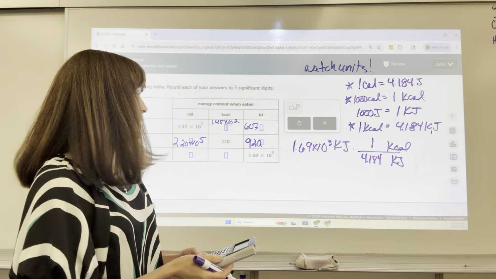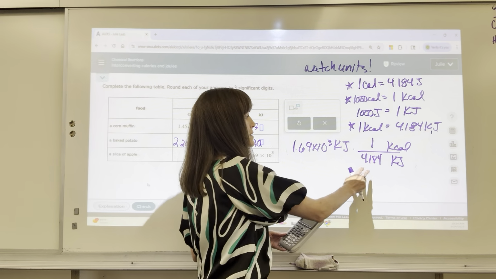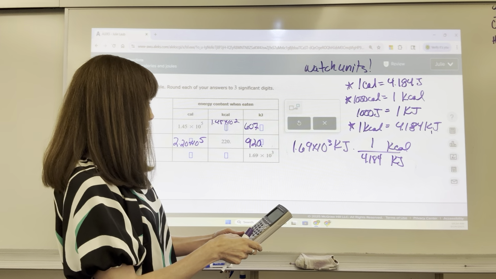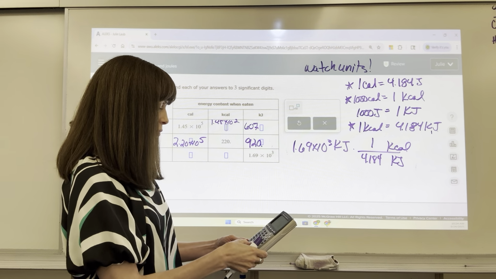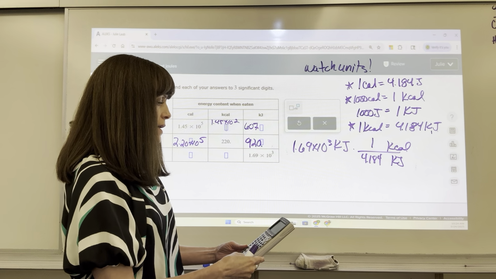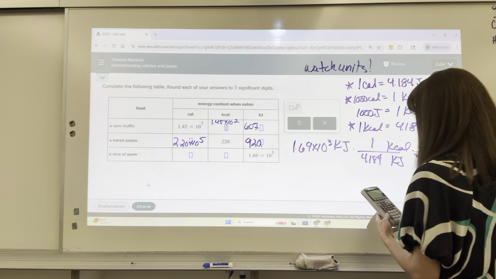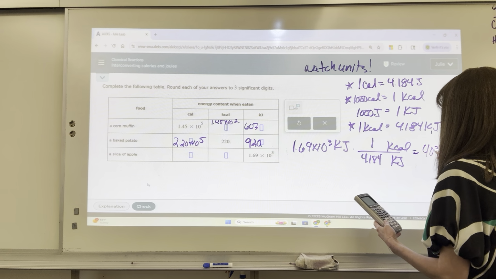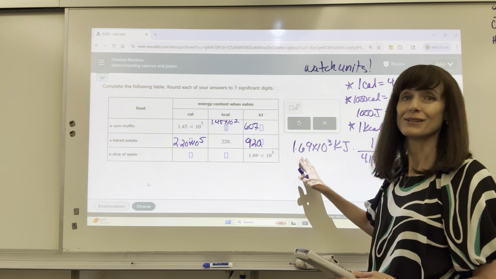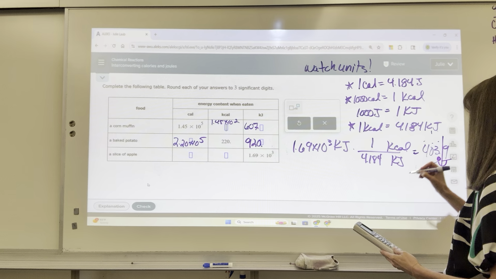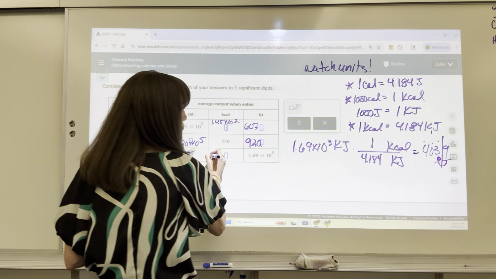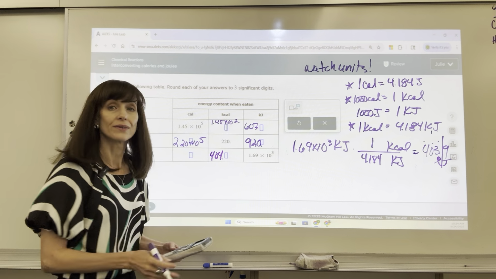We divide. Whatever's in the denominator, you divide. So let's take 1.69 times 10 to the 3 divided by 4.184, and we get 403.9. Again, 3 sig figs. So 1, 2, 3, truncate. The bossy number says round up. We have 404 with our decimal.